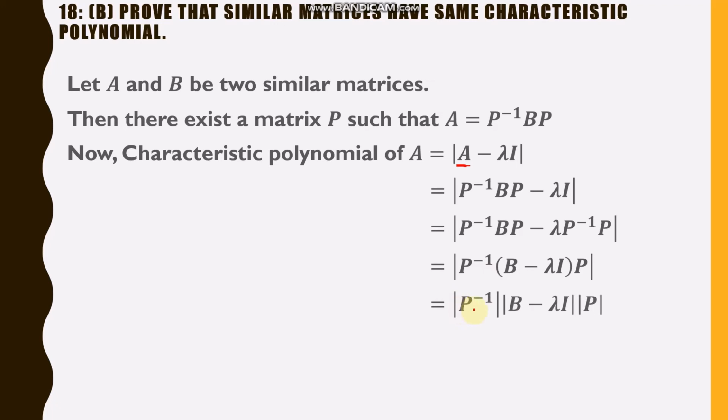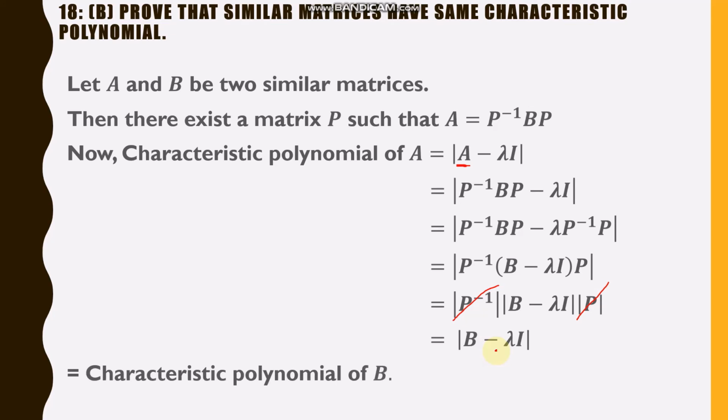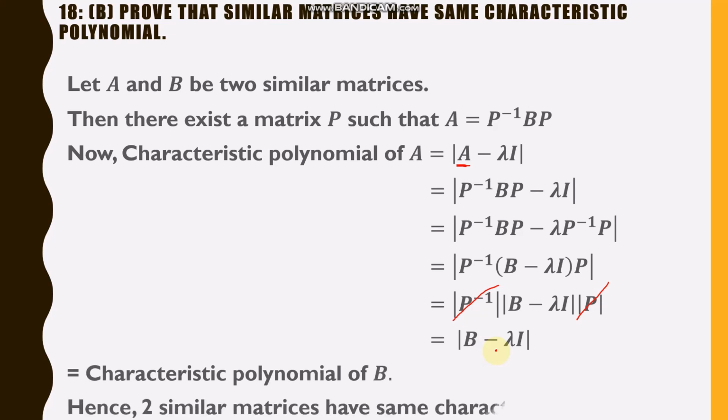So it's determinant of P inverse, determinant of B minus lambda I, and determinant of P. Determinant of P inverse and determinant of P will cancel out, because they will be inverse of each other. If this is 2, then this will be 1 by 2. If this is 5, this will be 1 by 5. So it will give just 1. So this is equal to determinant of B minus lambda I, which is the characteristic polynomial of B. And this proves that two similar matrices have same characteristic polynomial.